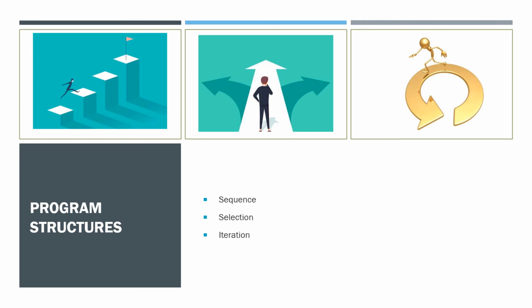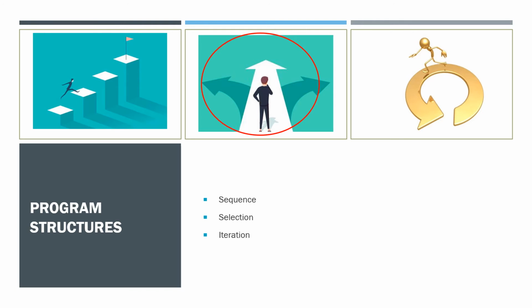Algorithms are usually built using 3 basic program structures. A sequence of steps in order that will get you to your goal. A selection structure where there are multiple different ways that the program could go, and based on a logical test, it will go one way or another.